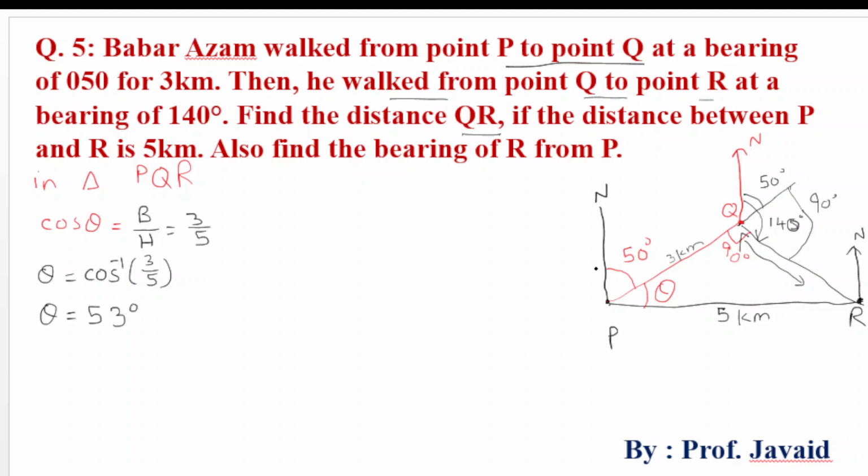So this is theta. So what must the total angle be, because we have to find the bearing of R from P. So P to R, basically we have to find this, because this is R, this is the line.